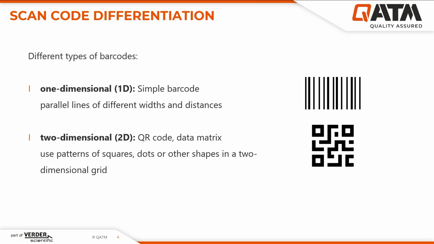And we also have the two-dimensional barcode available. This is like a QR code or a data matrix code. It's a pattern of squares or dots or any kind of shapes in a two-dimensional grid. So we can work with those in an easy way with our software. And of course, there are a lot of different barcodes also available in the market, but we are not focusing on those right now.